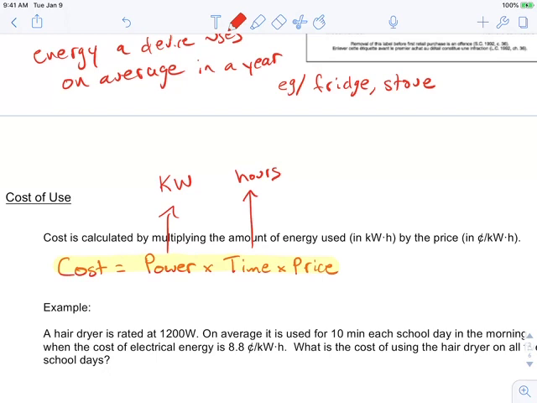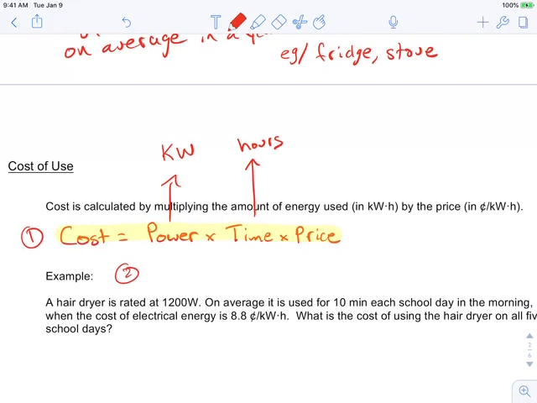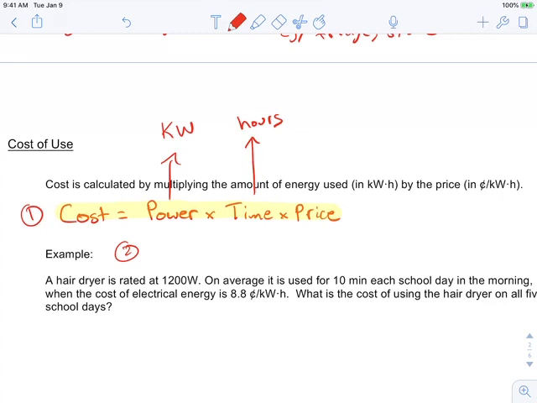Good. So that's one formula that we have. But sometimes I won't give you the power or the time. Sometimes I'll just give you the energy instead. So the other formula that we can use for this is energy equals power times time.